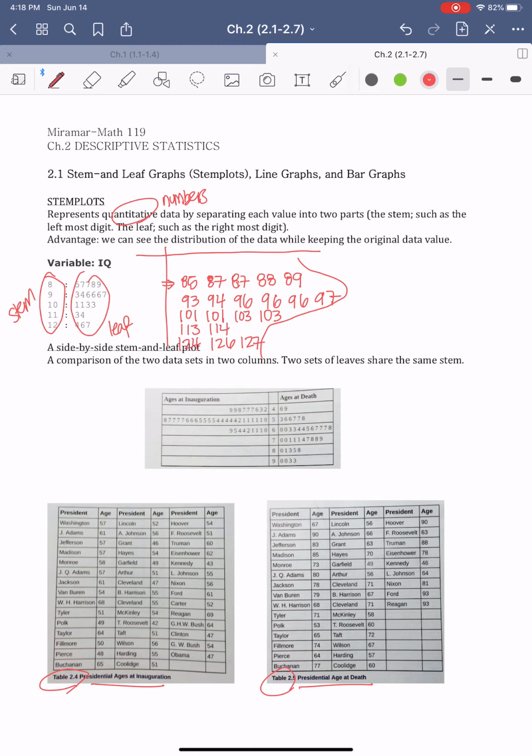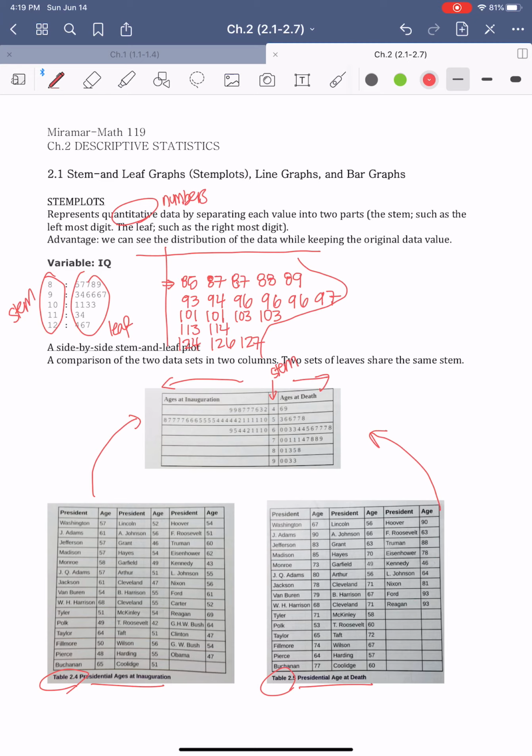This part is your stem, and there are two leaves, one on the left and one on the right. The one on the left represents ages at inauguration, so you're going to see this part here. And the right-hand side represents all the data for presidential age at death.